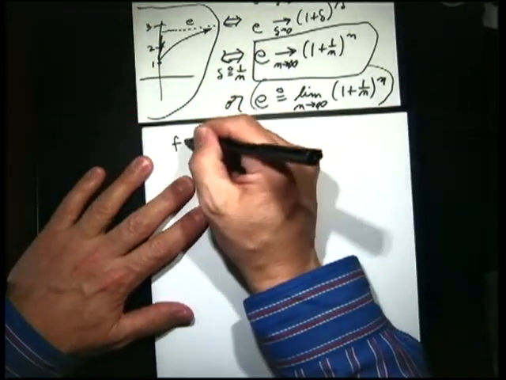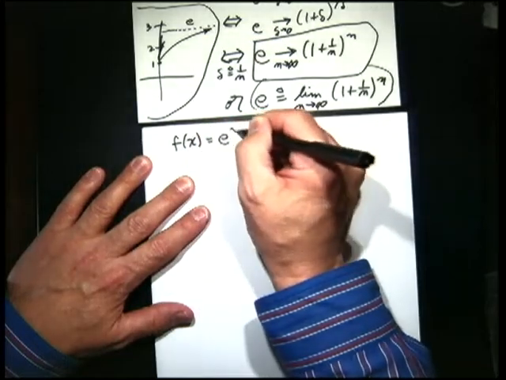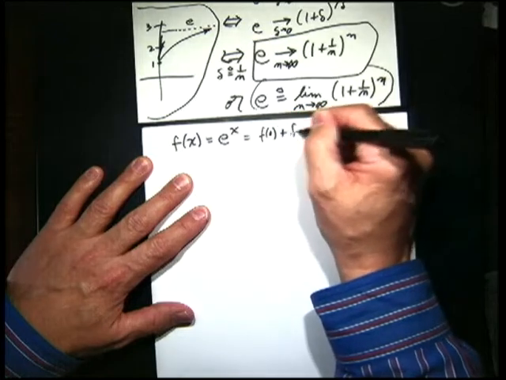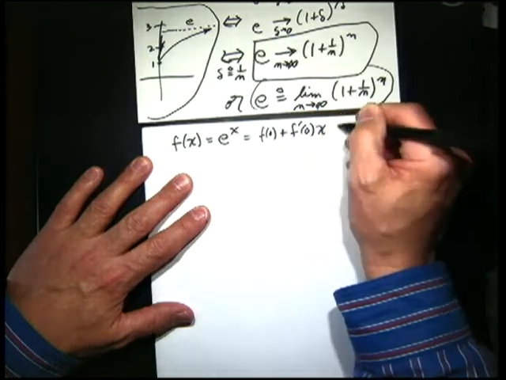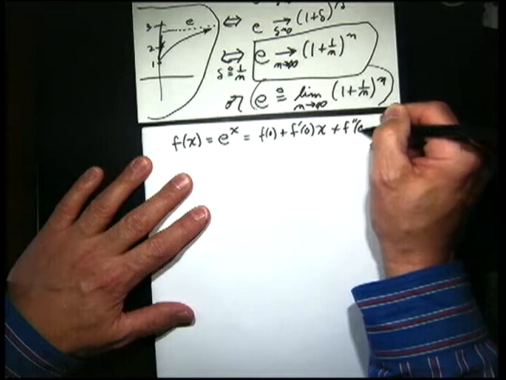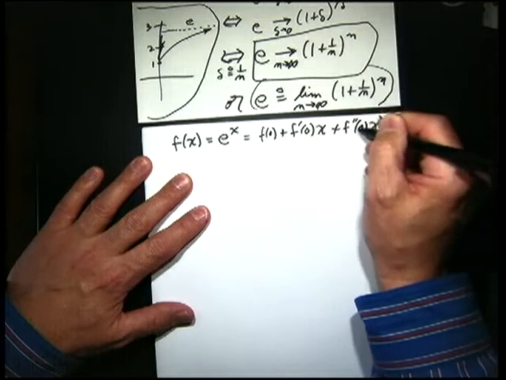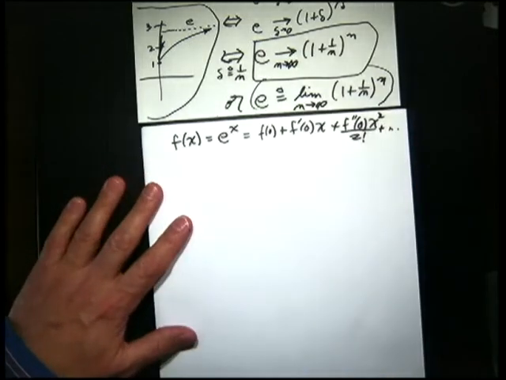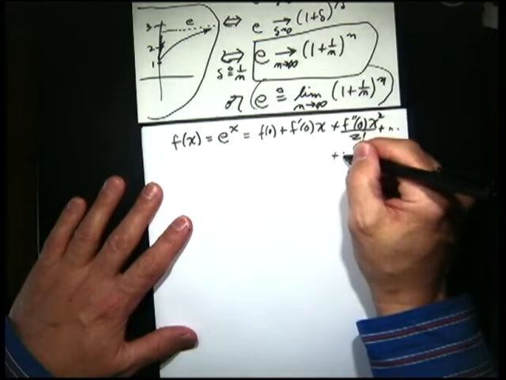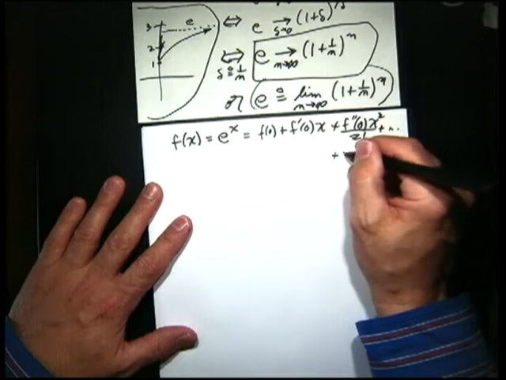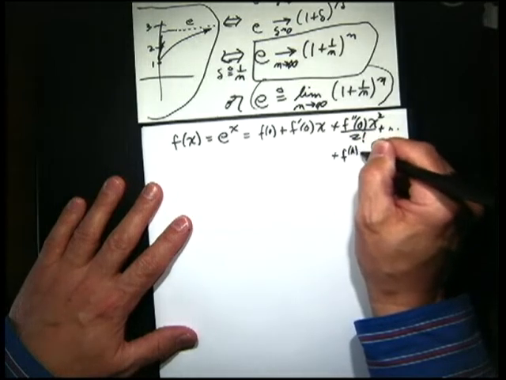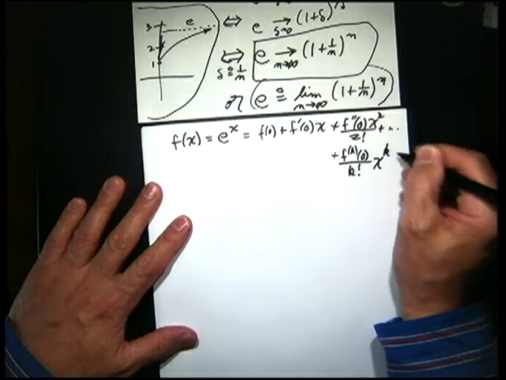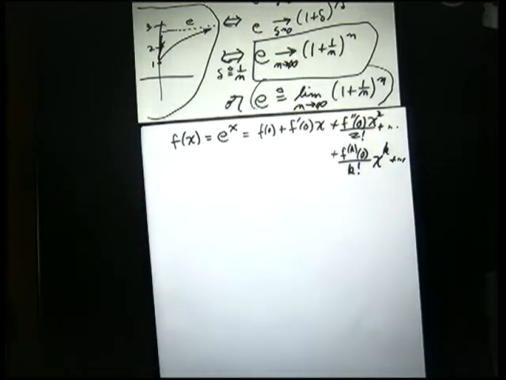We have f(x) = e^x, which equals f(0) + f'(0)x + f''(0)x²/2! + ... Let me go ahead and put the kth term in there: the kth derivative of f at 0, over k factorial, times x to the k. Just to remind you of that general term.